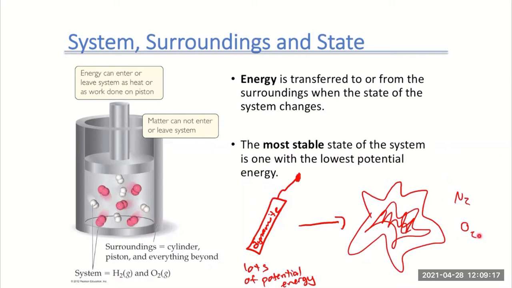When it's in its elemental form, it has very low potential energy. So after the explosion, those same atoms have very little potential energy. Before that explosion, lots of potential energy.